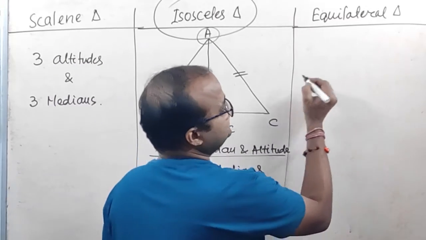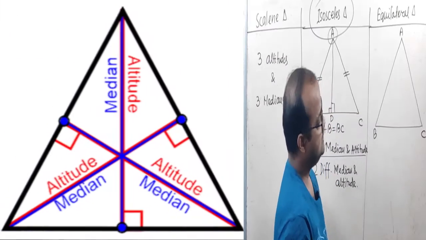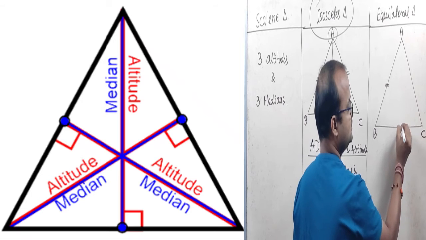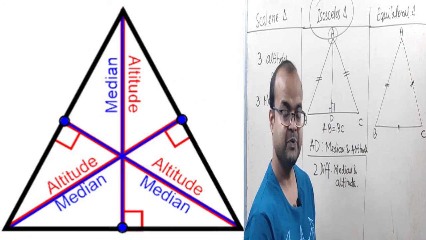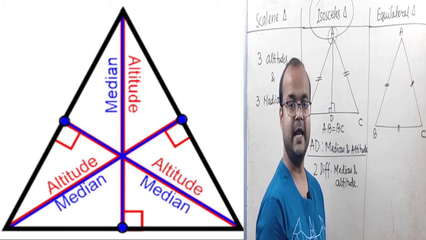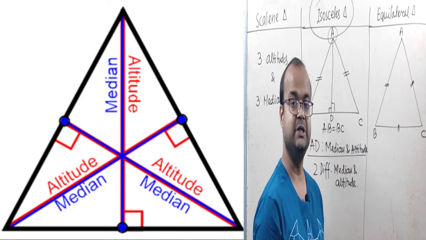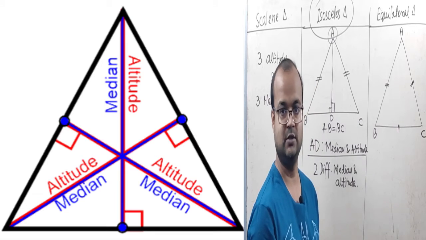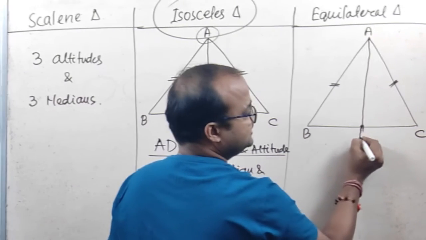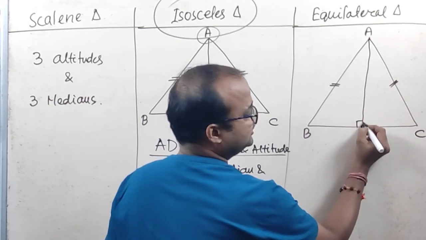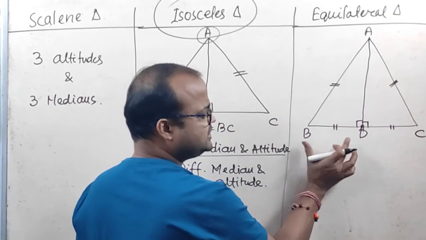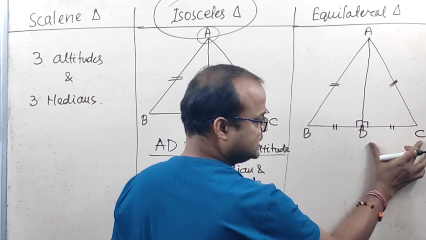Now in case of an equilateral triangle, suppose ABC is an equilateral triangle, AB equals BC equals CA. All the 3 altitudes and all the 3 medians coincide with each other. That means if you draw AD perpendicular to BC, then it bisects the side BC into 2 parts, BD equals DC.